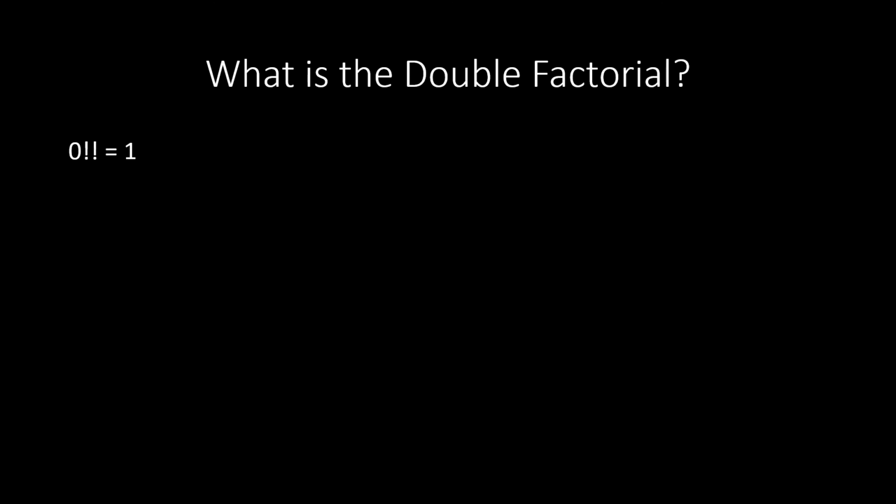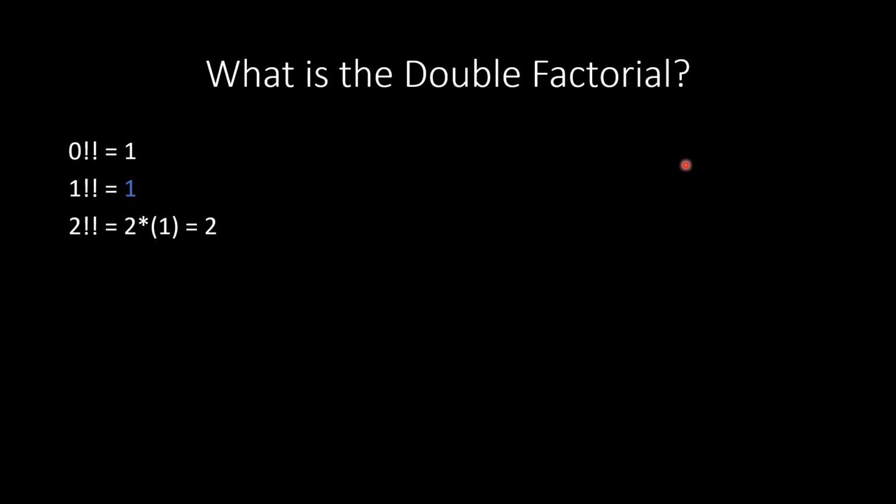So instead of n times (n minus 1) factorial, we find that for this sequence, we have 0 double factorial being 1, and we'll set 1 double factorial being 1 here as well. Now, this blue is hearkening to something in the future of this presentation, so make sure to remember that.